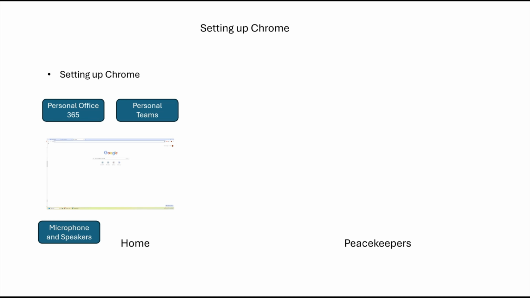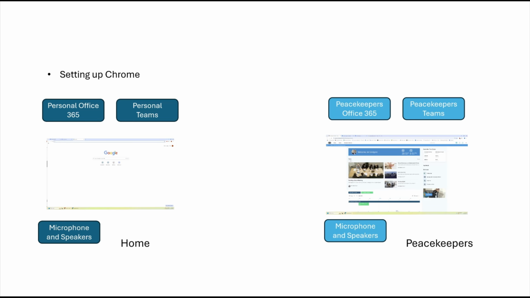And when you go to log on to a Teams meeting or do something, it'll be set up for a different organisation. And we just want to move away from that. So again, at the end of the day, we'll just have the Peacekeeper settings on their own as shown here.